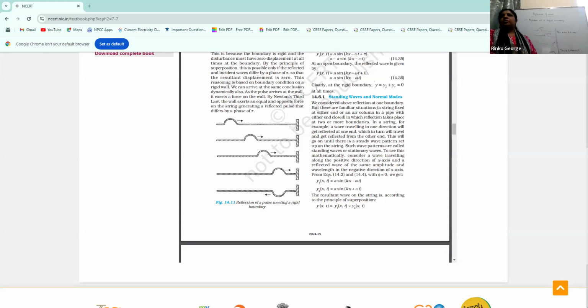If they ask for reflection, you have to draw it. Page number 289.